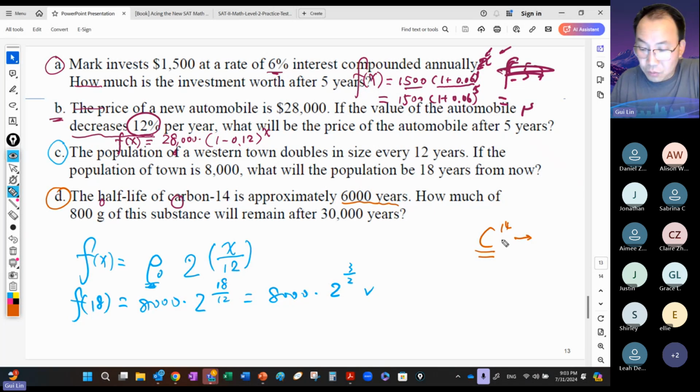Carbon is normally carbon-12, which is a lot. Carbon-14 is a very small portion, maybe 99.9% is carbon-12, but there is a small portion of carbon-14. It decays this way.